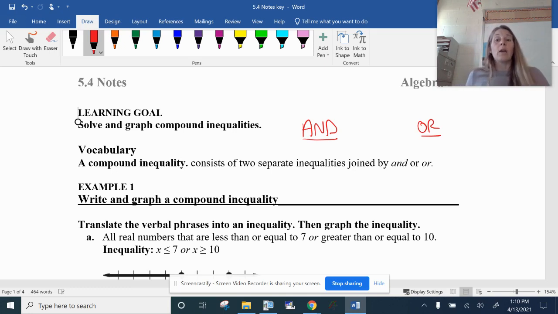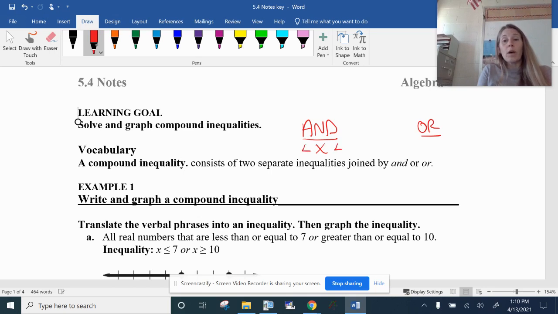So somewhere in there. So when it's an and problem, typically your x is going to be in the middle of a lower value and a greater value. So you'll end up writing your answer as one inequality with the x or the variable in the middle.